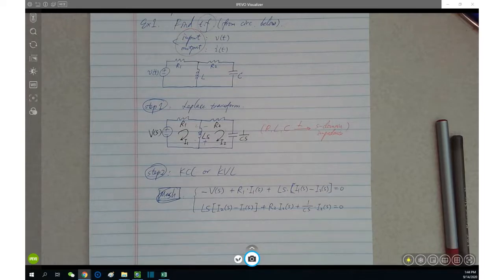Any questions regarding meshes? You might have a slightly different way to write the equation, however it should end up with the same equation.